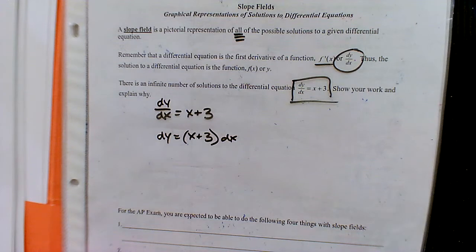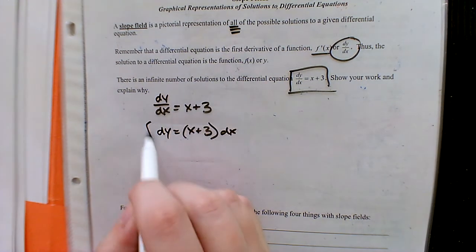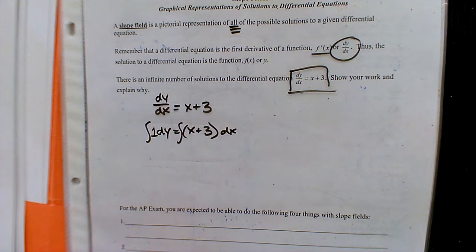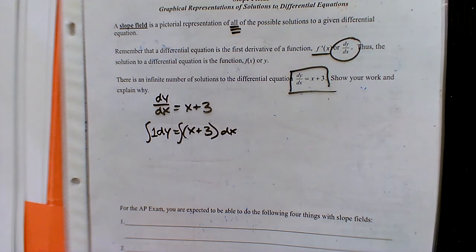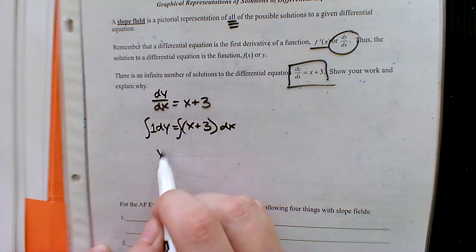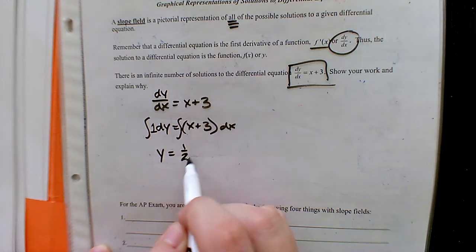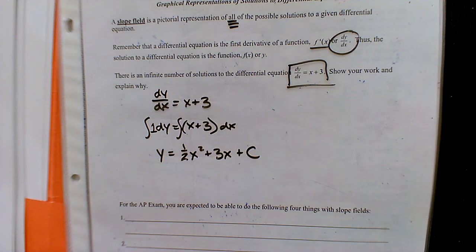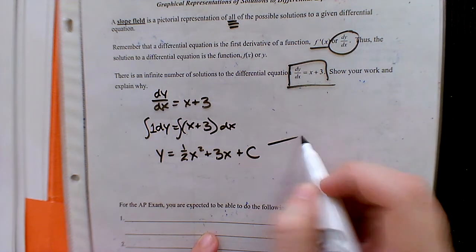Variables are separate. If we work backwards, remember there's a little understood 1 in front of that dy. So if we work backwards, we'll get y equals 1/2 x squared plus 3x, and then we need that plus c. We don't have a particular point in this case to help us figure out the c value, so we're just going to leave it like that.